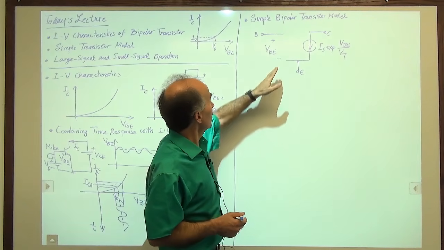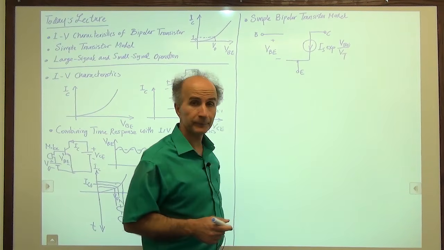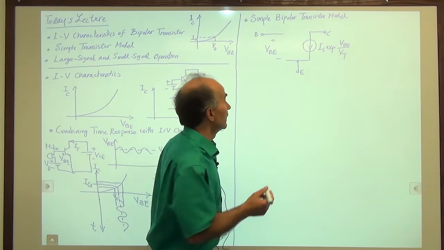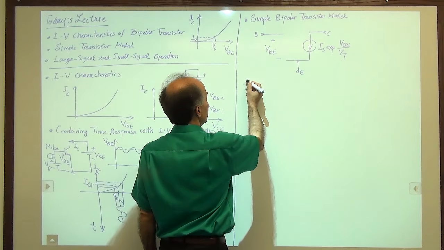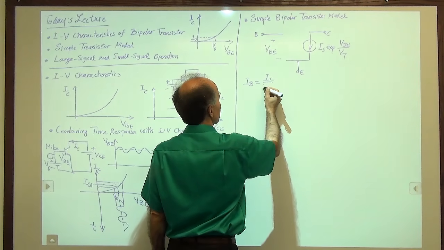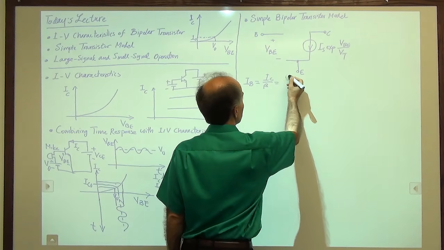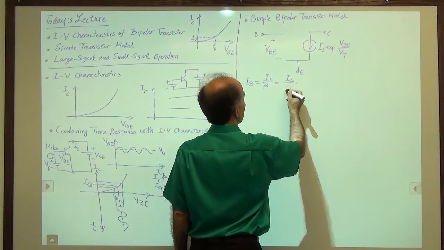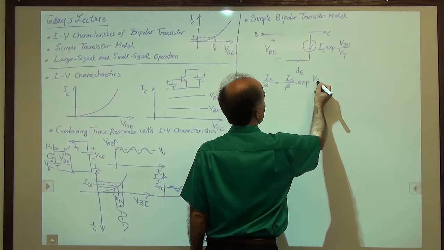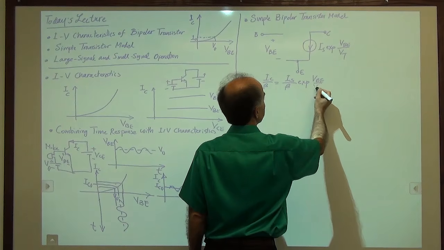All right, so how do I model the base current here? Well, remember we have an equation for the base current. We know that IB is equal to IC over beta, which is equal to IS over beta times exp of VBE over VT.